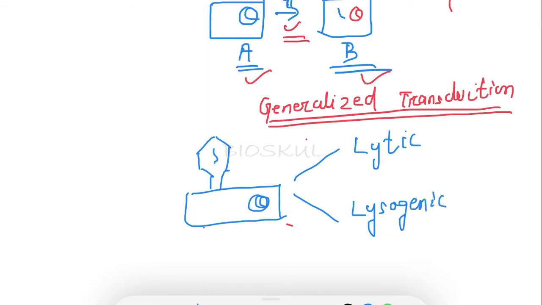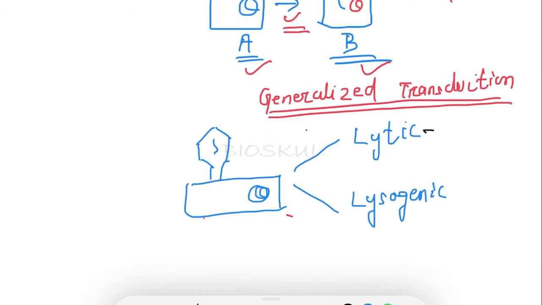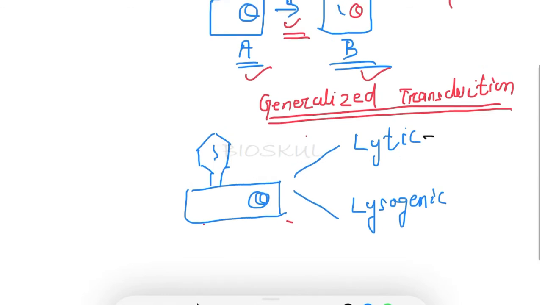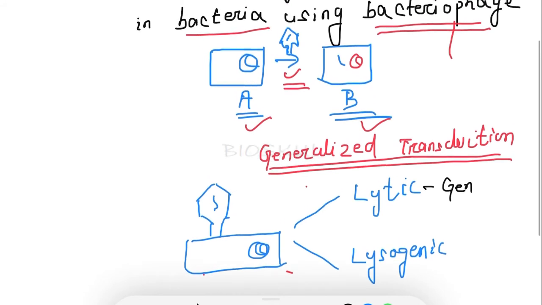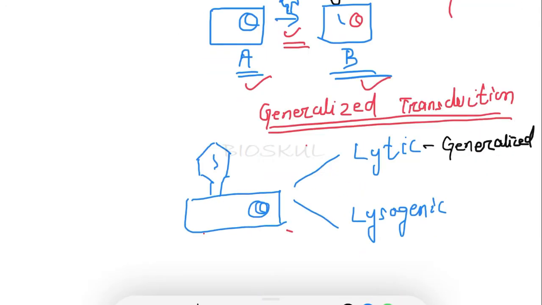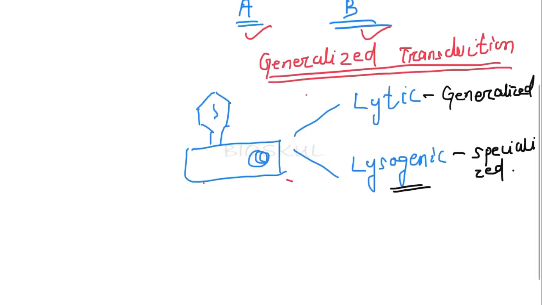When the bacteriophage undergoes the lytic cycle, generalized transduction occurs. And if the bacteriophage undergoes the lysogenic cycle, then you will find specialized transduction. Let's have a look at more details of both generalized and specialized transduction.